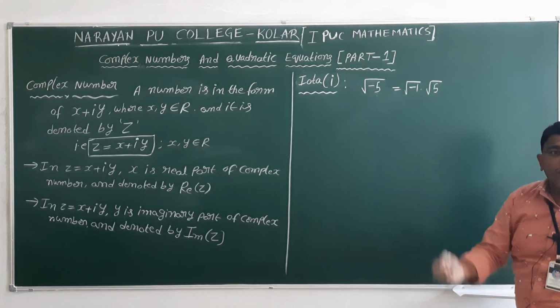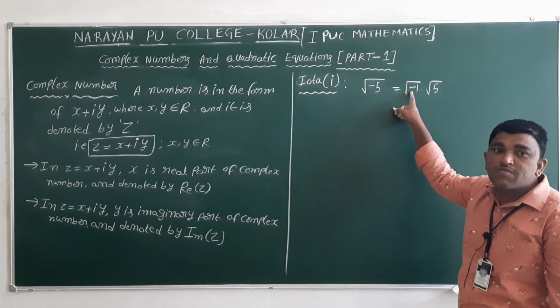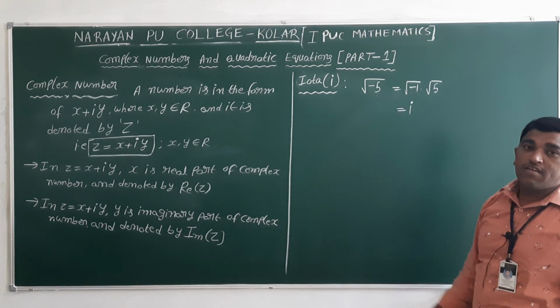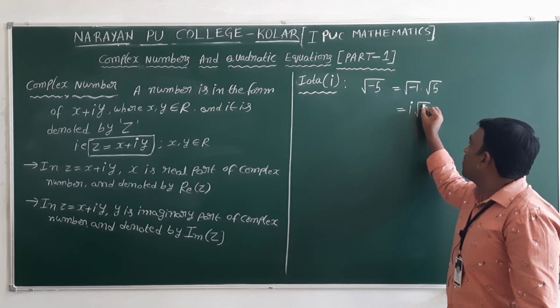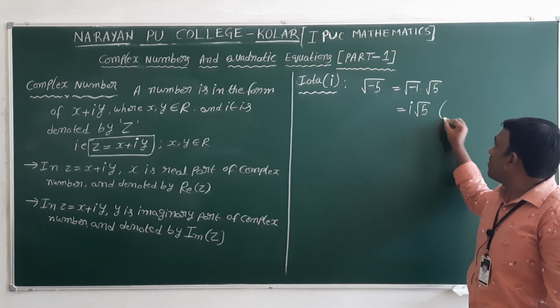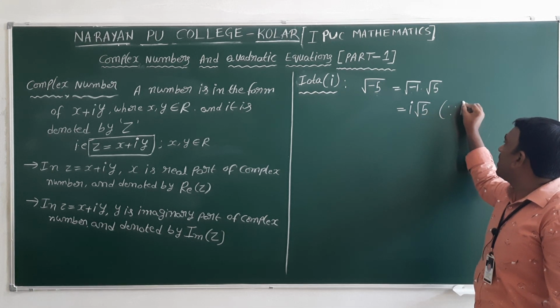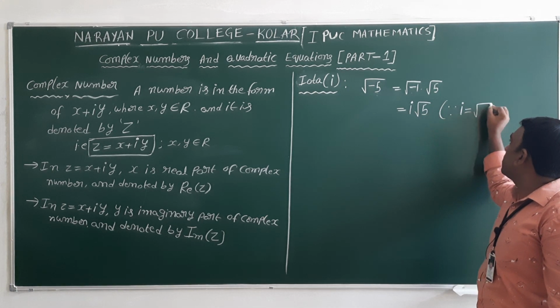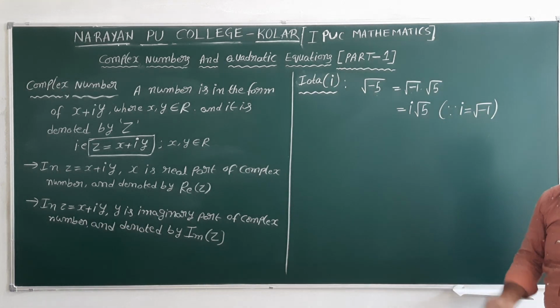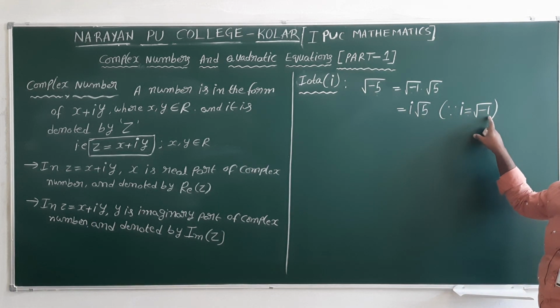Not only 5, you can take any number. So this root minus 1, we can take i into root 5. So here we can represent the i value is always root minus 1. In the complex number, wherever the i is there, that i indicates root minus 1.